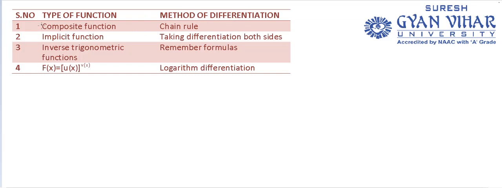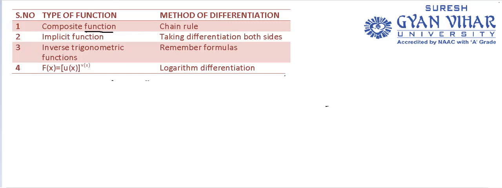It is very important to understand this. If you remember this table, you can easily decide which method is appropriate for which function. In exams you will get questions like find the differentiation, so it is your perception of what you are going to use. So it is very important to understand these types of functions and the methods.